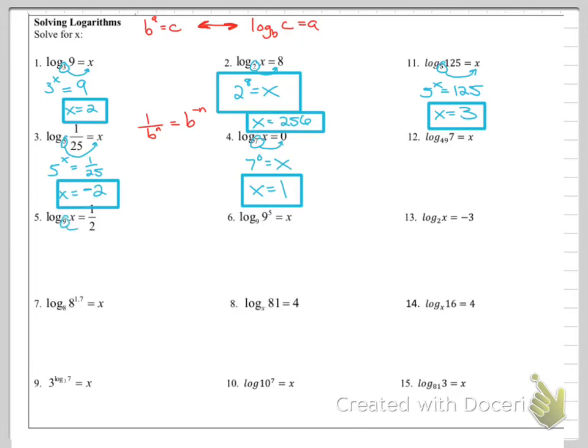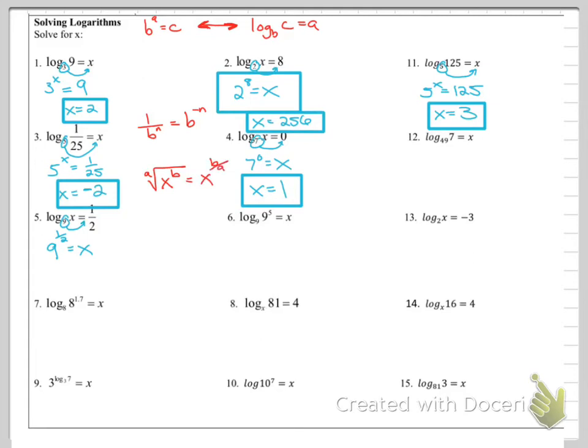Number 5 starts with a 9. 9 to the 1/2 equals x. 1/2 powers, again, remembering your exponents review. If you have a root of x to the b, that's the same thing as x to the b over a.